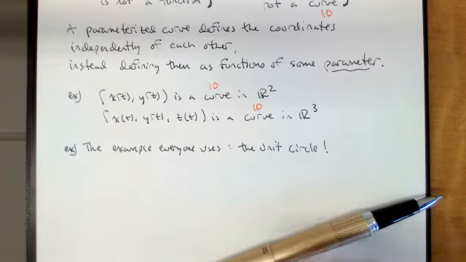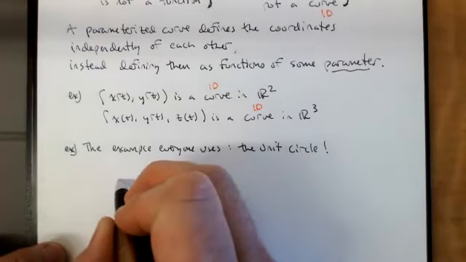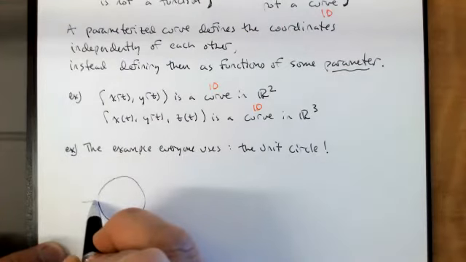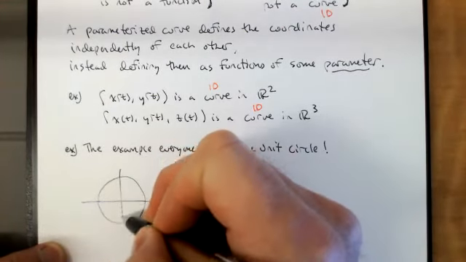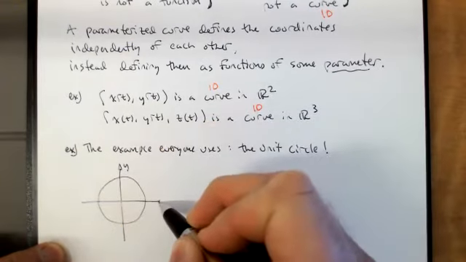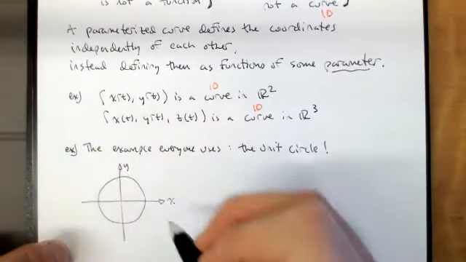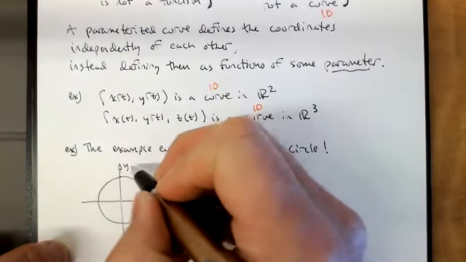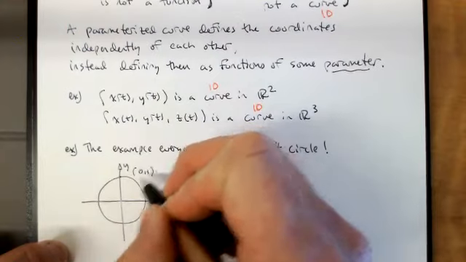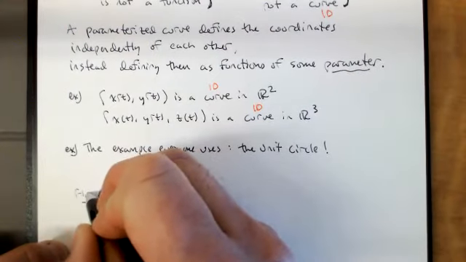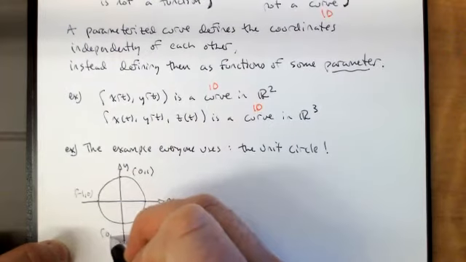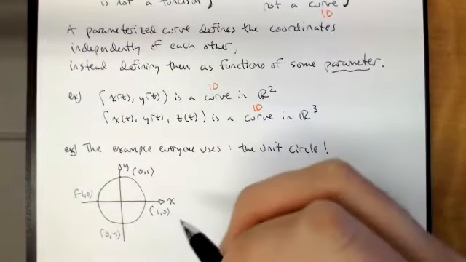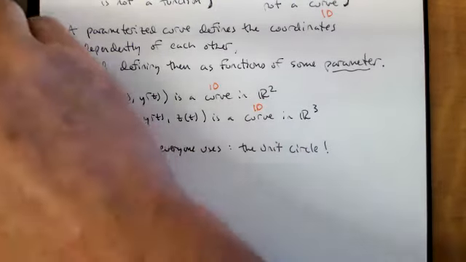Perfectly acceptable. So we know that if we want to describe when we have a unit circle, we decide what the coordinates of a point are.